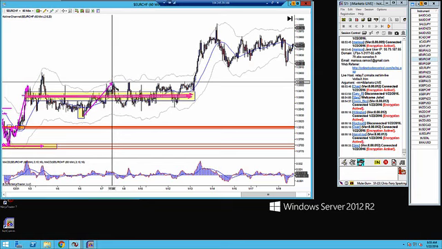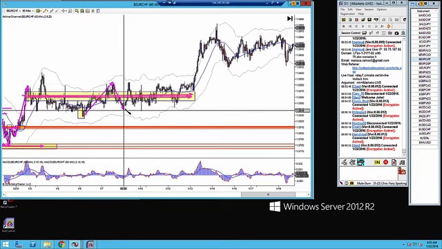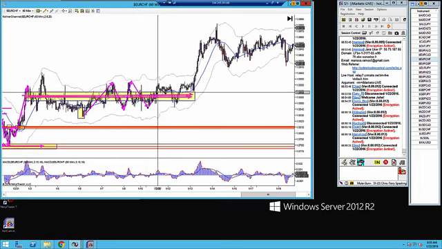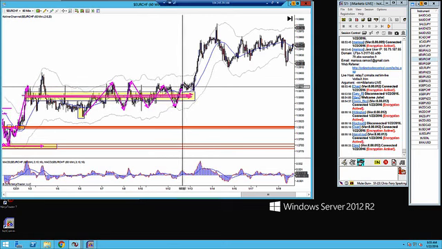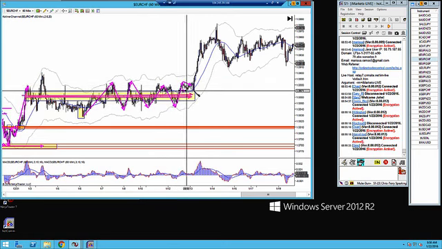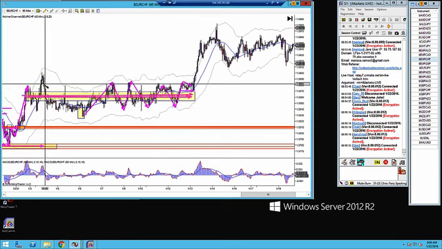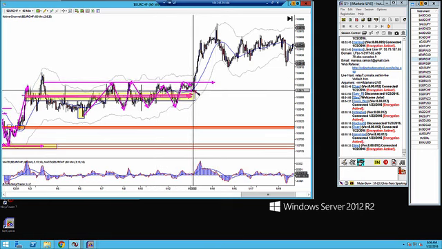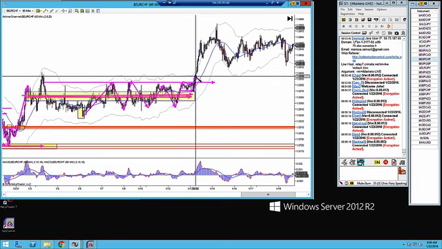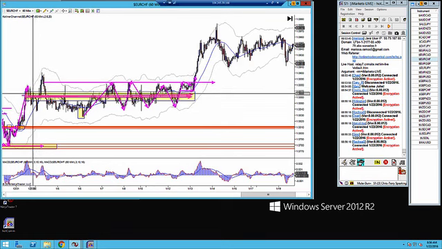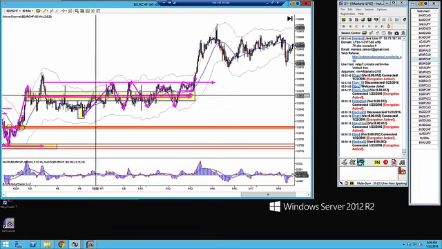Then the sellers came back in control, then the buyers, then the sellers, back and forth, but the sellers couldn't push them down too far. You had that first little flag-ish move, but you had a big range here. And then the buyers came back in again, and once they came above, everybody wanted to be in. Auction market theory.